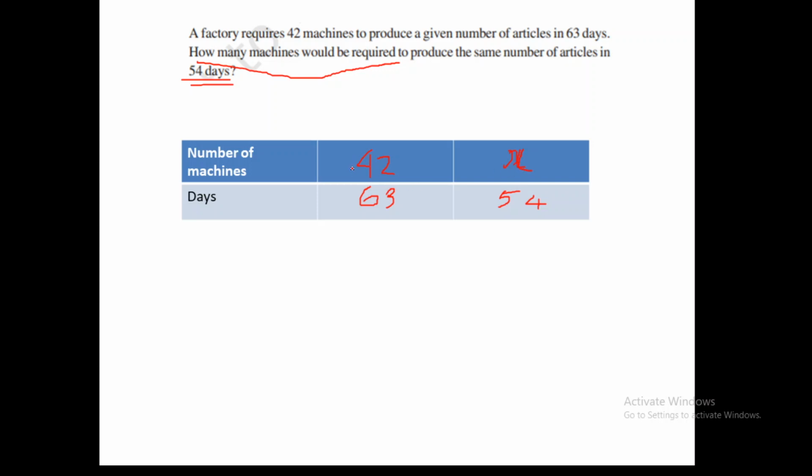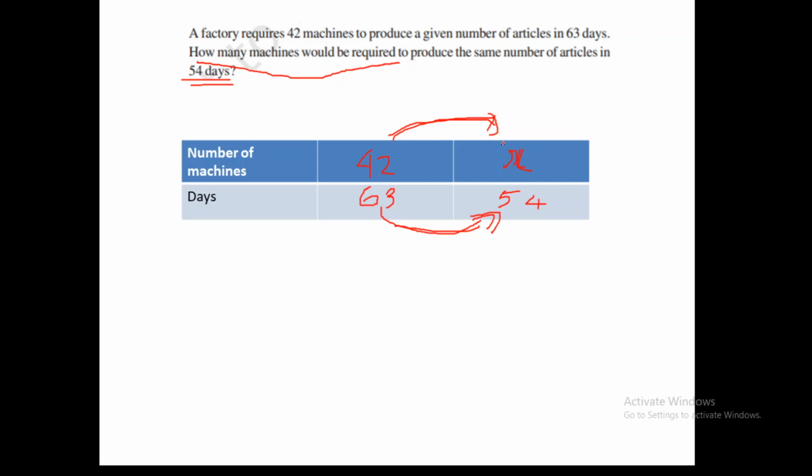If there are 42 machines, they will finish making the articles within 63 days. So they have to finish that work in 54 days. So they should need more than 42 machines. So here the number of machines should increase. If the number of days decreases, the number of machines needs to be increased.